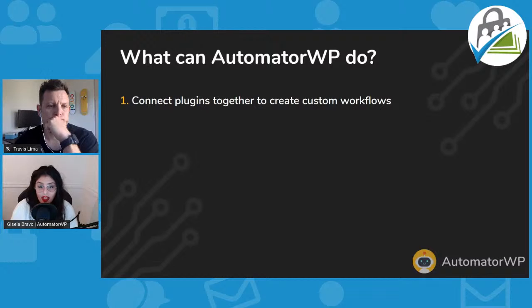For example, when someone purchases a membership in Paid Memberships Pro and submits a form in Gravity Forms, we can tag that user in WP Fusion and add them to a course in LearnDash. This is an example of a very complex workflow, just to show you how we can create big workflows, and we can create big automations thanks to that plugin.